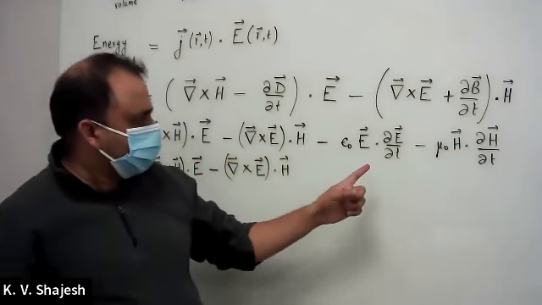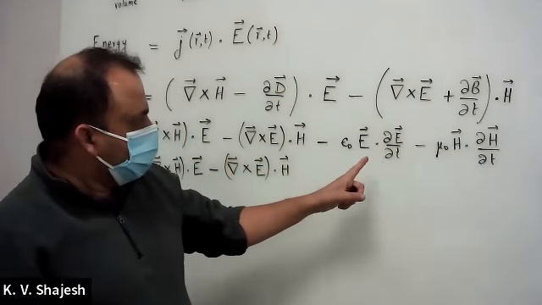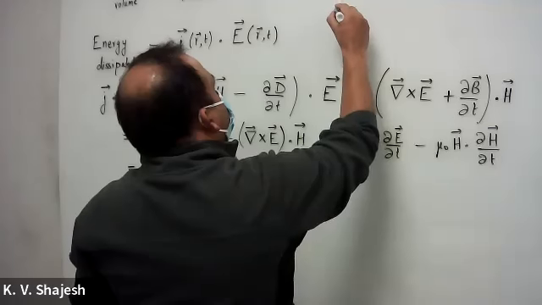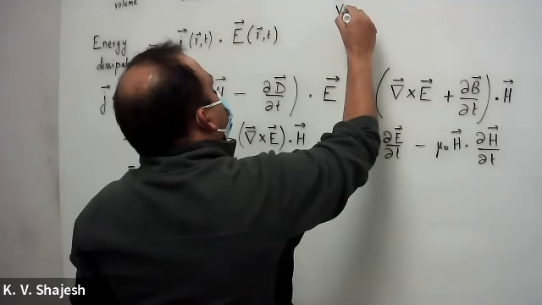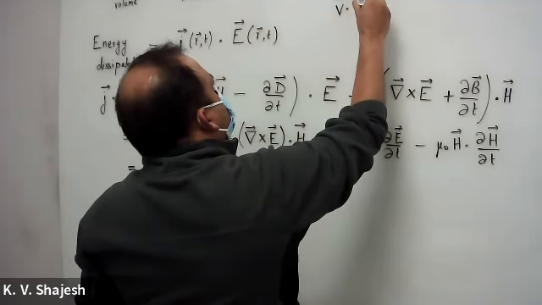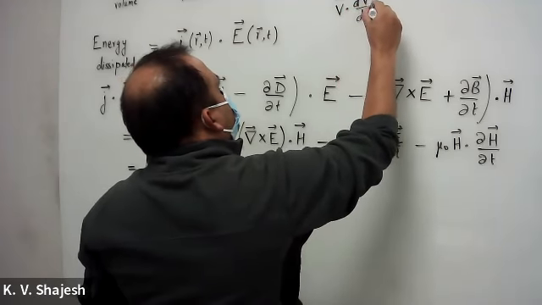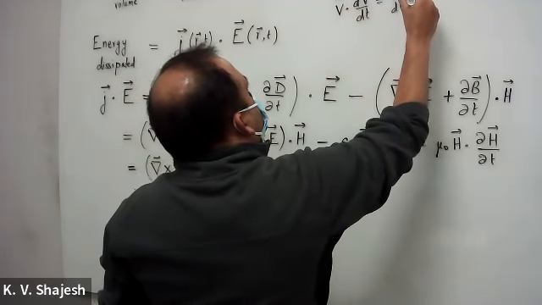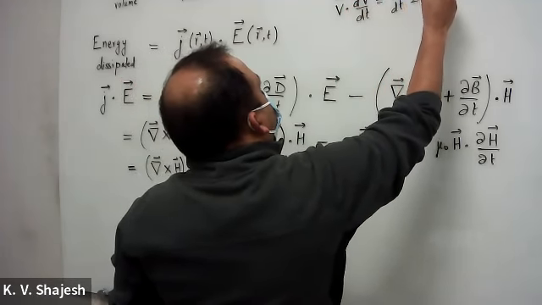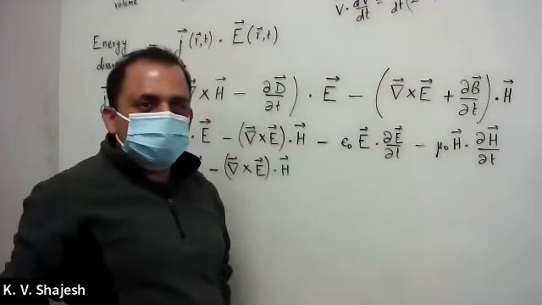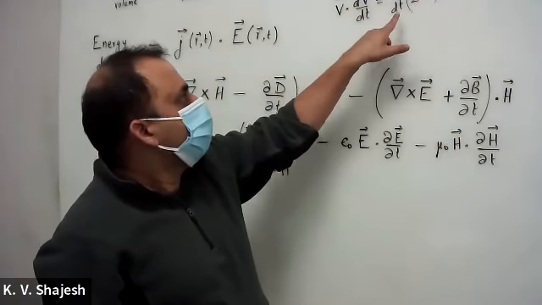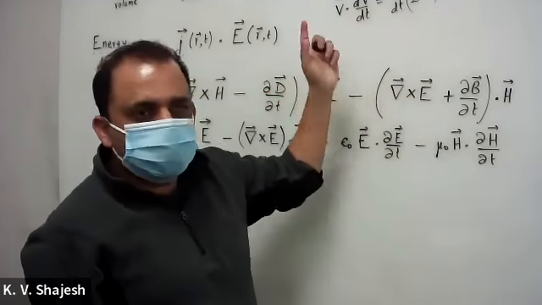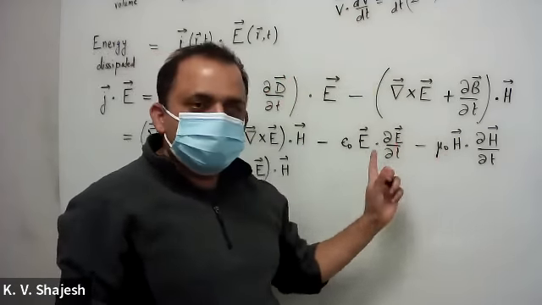Now this is nothing but E dotted with a. If you recall, V dotted with dV by dt is the same as d by dt of half velocity squared, right? That's how the kinetic energy comes. The derivative of velocity squared is nothing but V dotted with V. That's the structure you're seeing here.